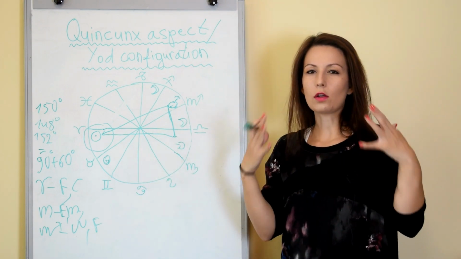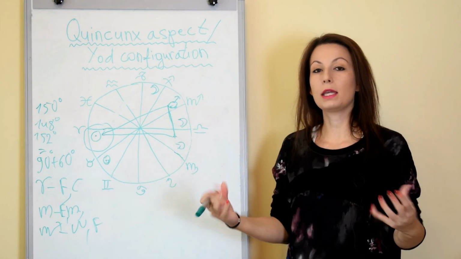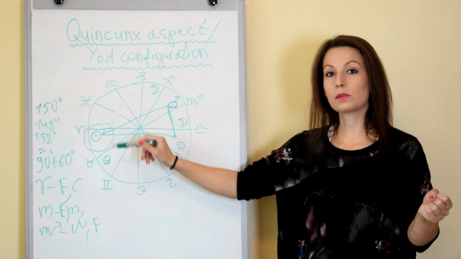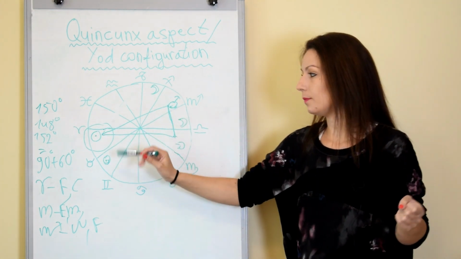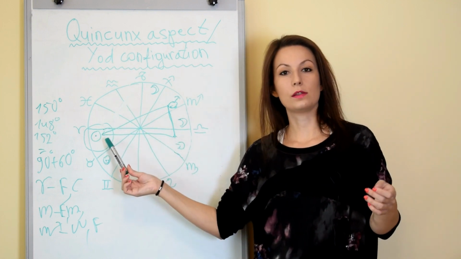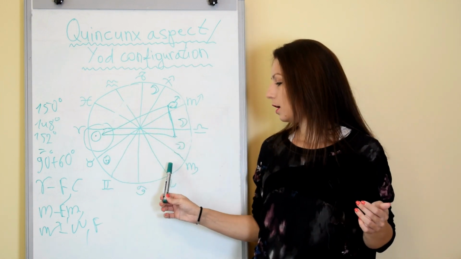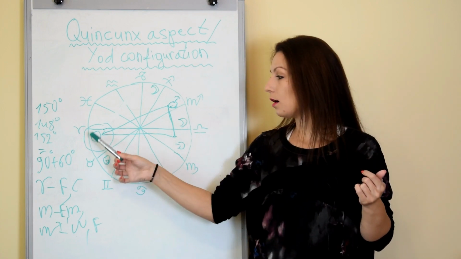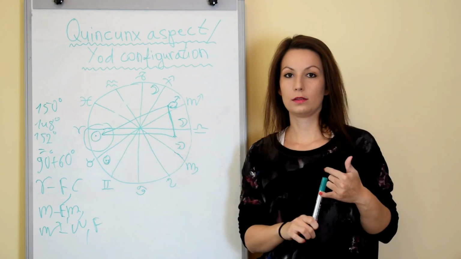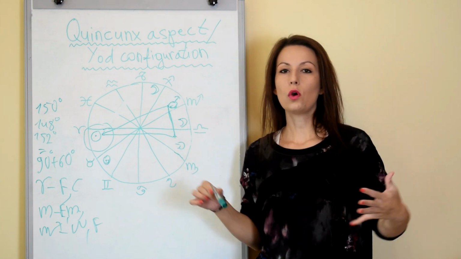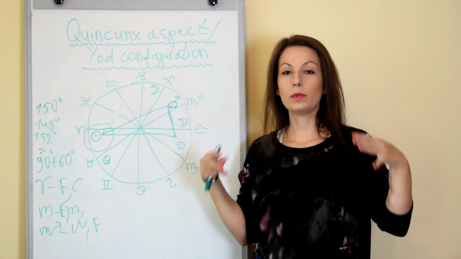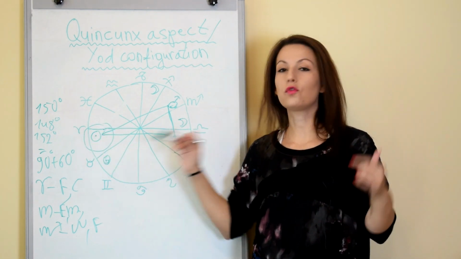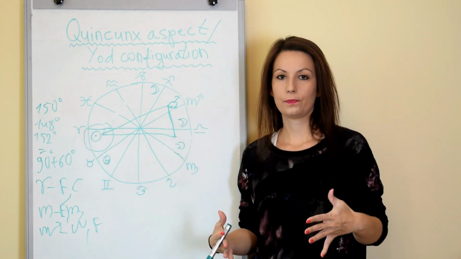They all have some kind of specific meaning. Also, you need to analyze the house position of this planet. It matters, for example, if this planet is in your 1st house or in your 5th house. And also, you have to keep in mind which house is ruled by this planet, because it will show you which life areas will be extremely important and where you need to focus your attention.